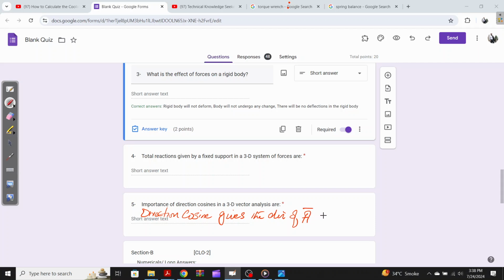So if you have a three-dimensional Cartesian vector, which means Ax, Ay, Az, it gives the direction of vector A along x, y, and z. This is a simple solution for this question, so this is also answered.